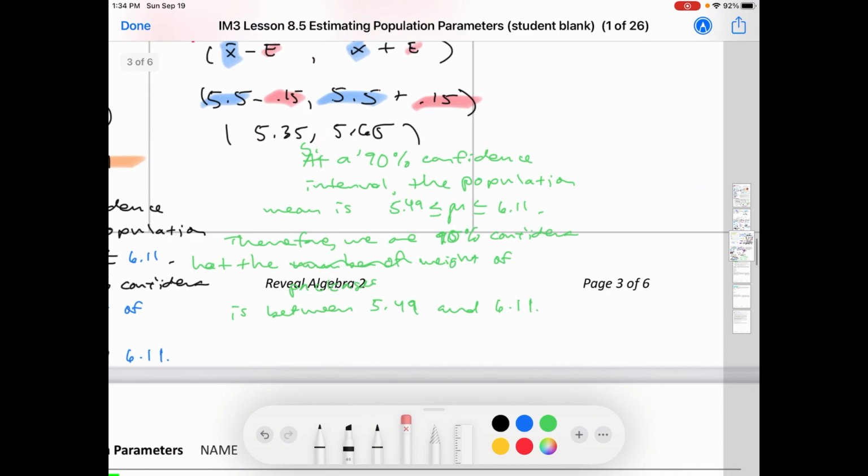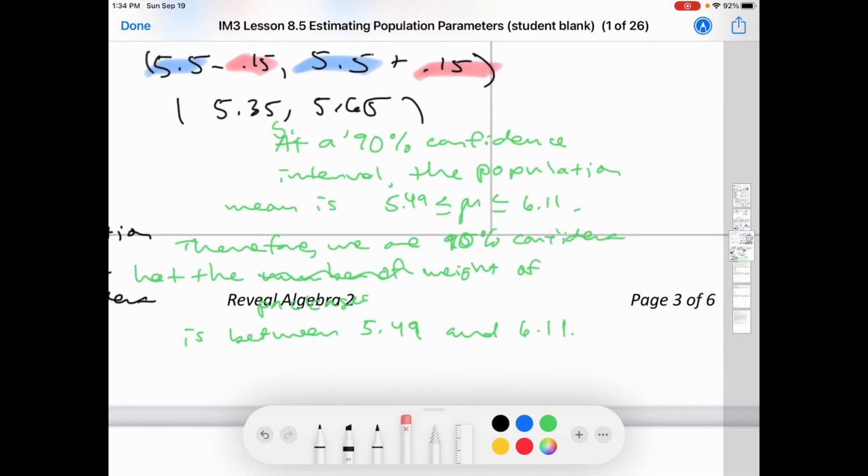At a 99% confidence interval, the population mean is between 5.35 and 5.65.